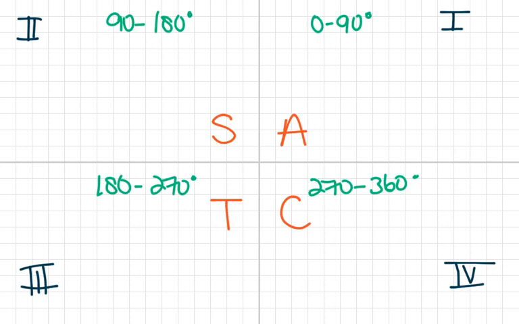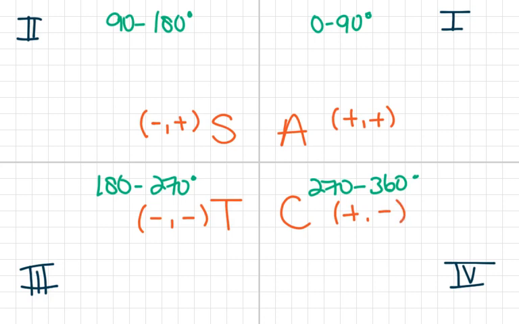All right? So, my coordinates in quadrant 1, x would be positive and y would be positive. My coordinates in quadrant 2, x is negative because we're going this way, and y is still positive. Quadrant 3, they're both negative, and quadrant 4, x is positive and y is negative.